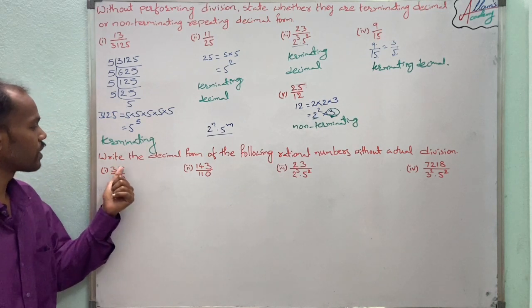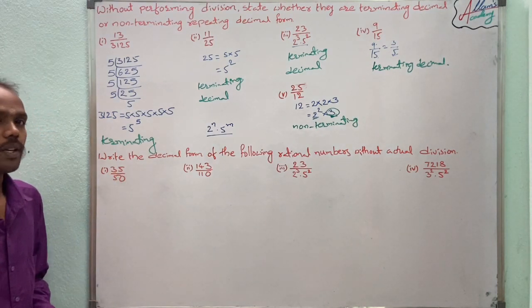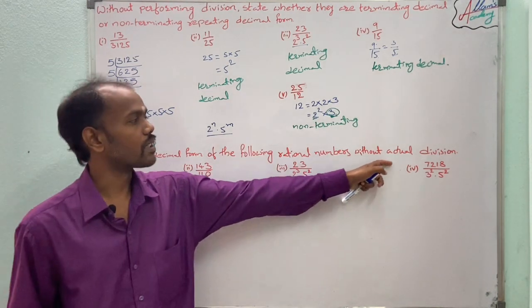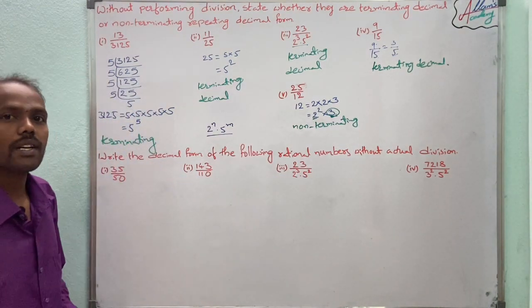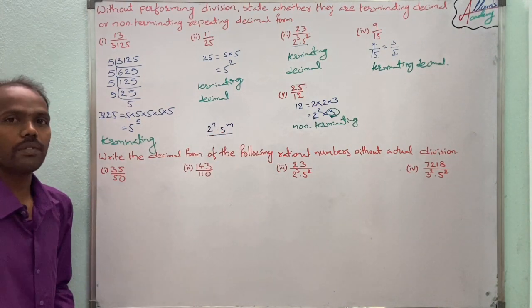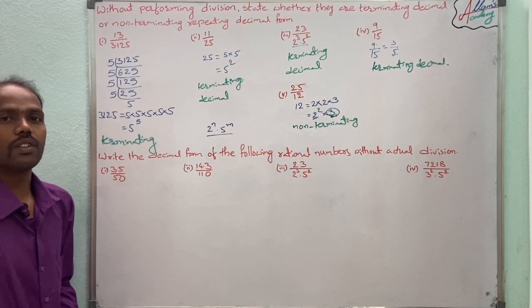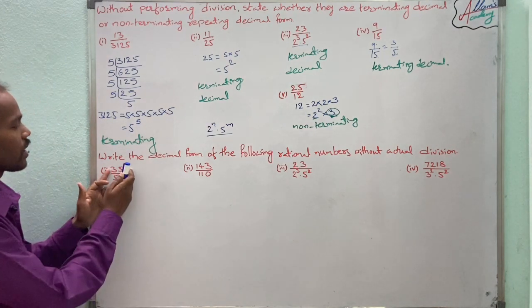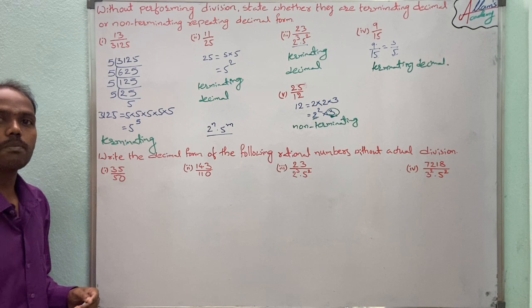Write the decimal form of the following rational numbers without actual division. The first problem is 35 by 50. Without actual division, we have to convert the denominator into the form 2 power n into 5 power m. For that, first we observe whether the given rational number is in the simplest form or not.